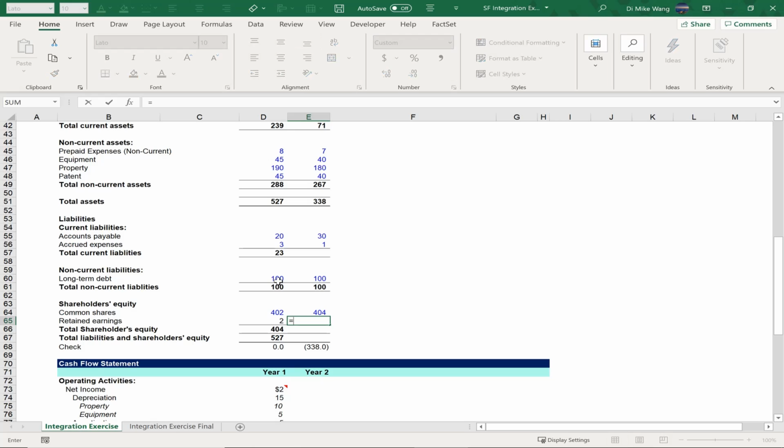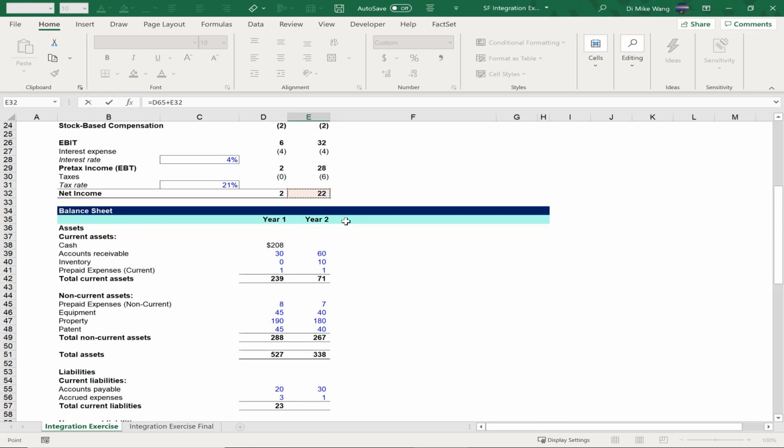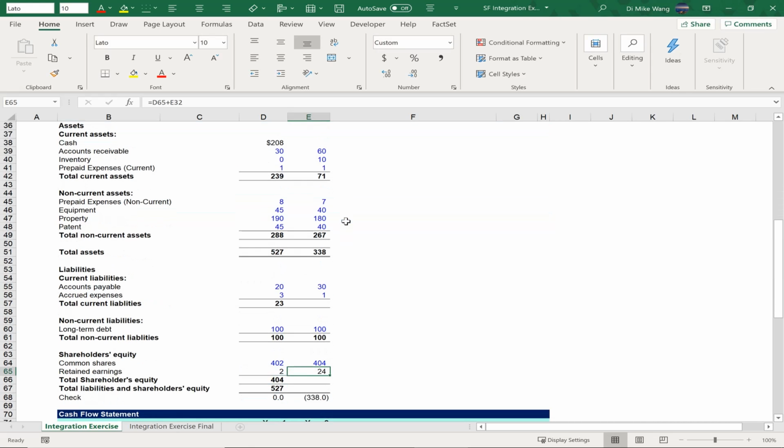Retained earnings is going to be prior year's retained earnings plus our net income. So we have retained earnings of $24.